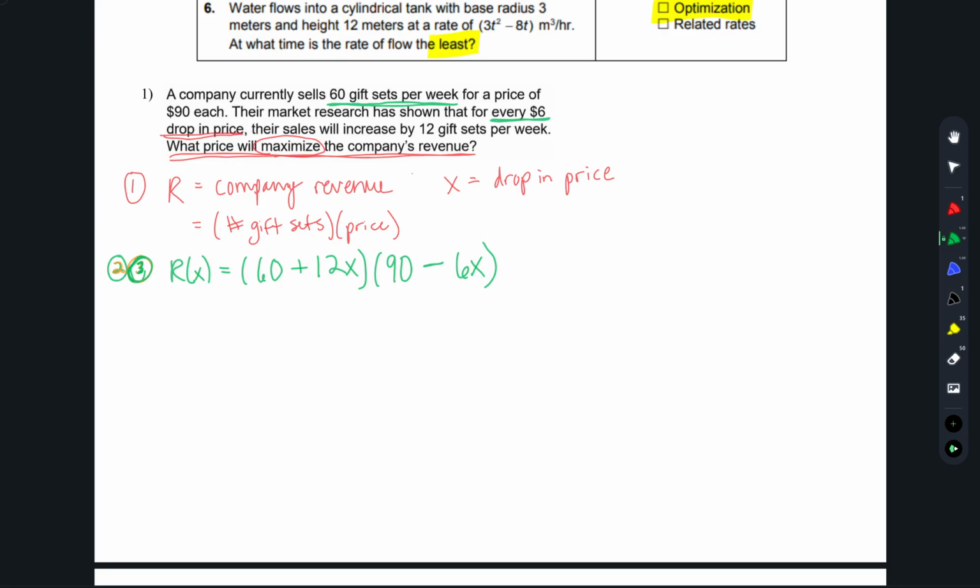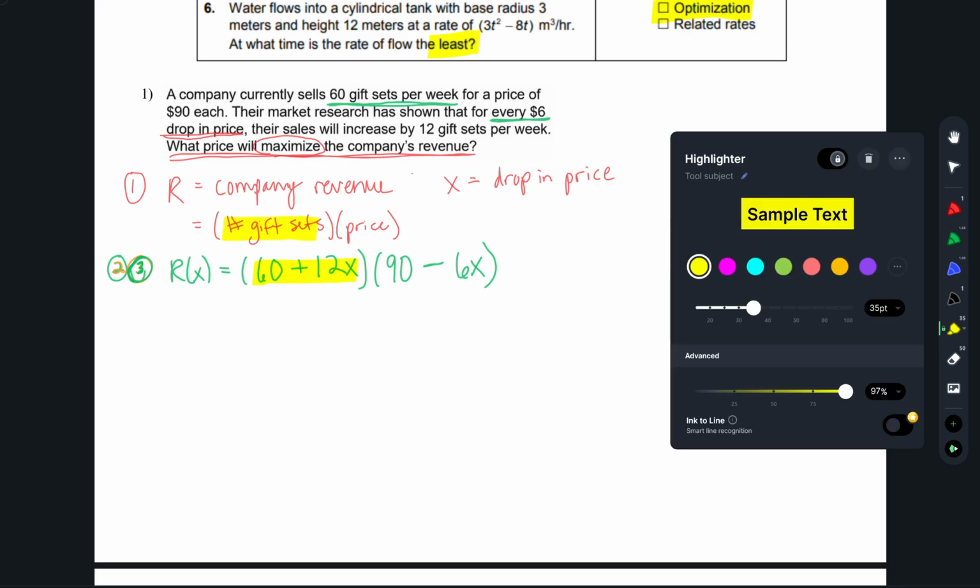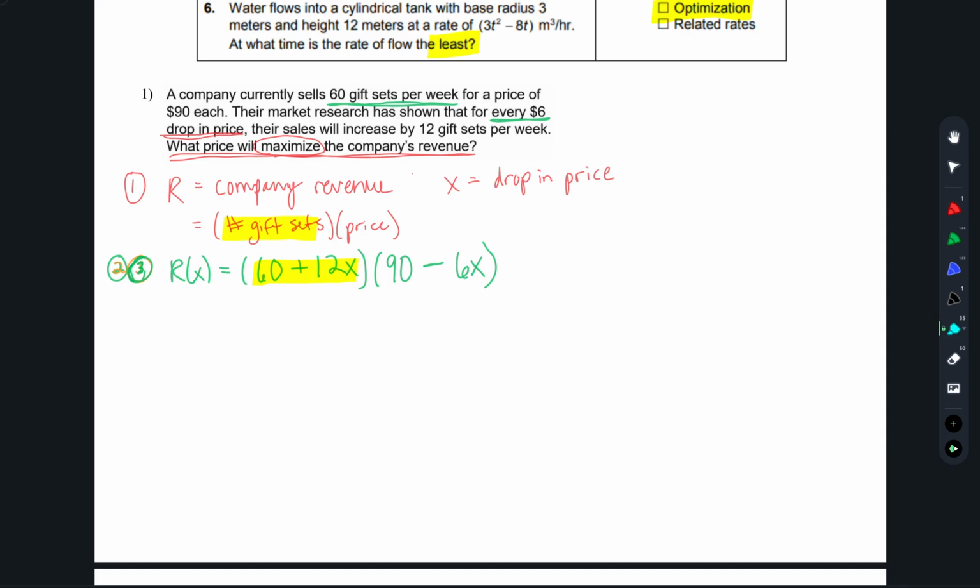So this one represents all gift sets, and this one represents all price. The gift sets increase with the drop in price, but the price obviously drops by 6. Does that make sense? Is everyone okay with how we set that up?